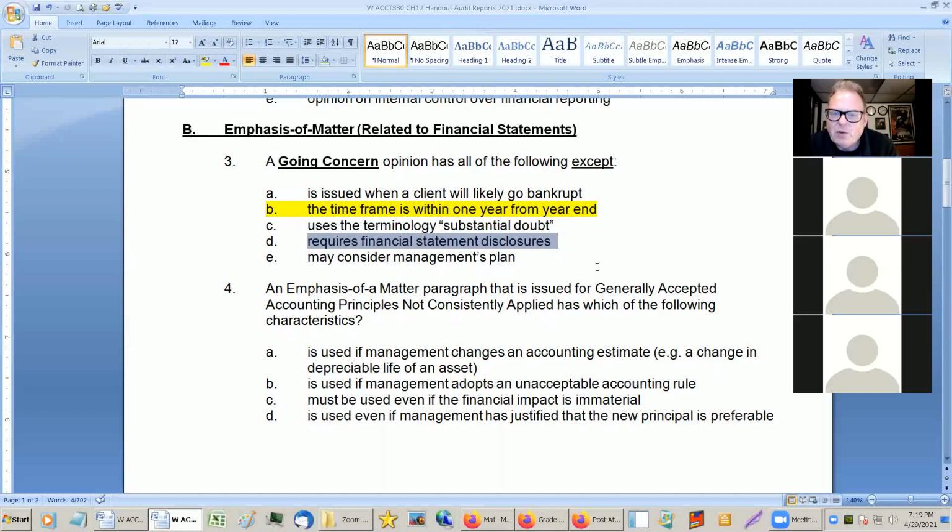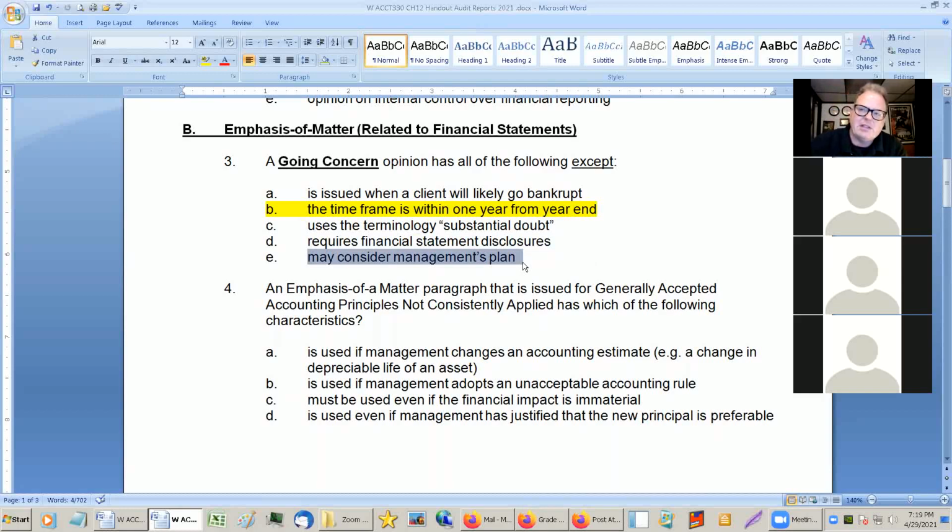So the company itself will put it in the footnotes. And that's why this is called emphasis of a matter. It's already going to be reported. It's going to be in the footnotes that they are telling the reader, look, things are bad. Here's the heads up.